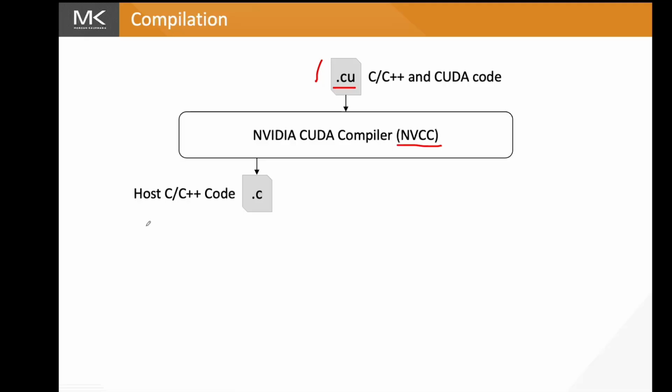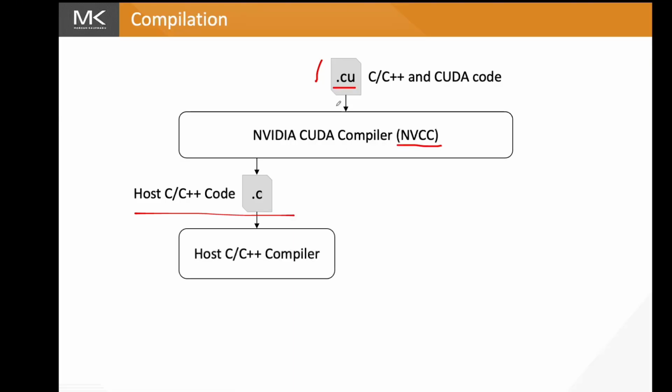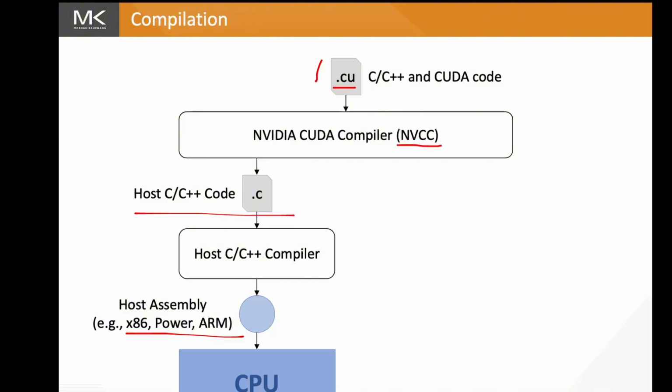It sends the normal C code within this CUDA code to a host compiler like GCC, and like a normal compiler, the C part of the code is compiled to assembly language for the architecture that you have, and then it runs on the CPU. So the compilation path for the C part of your CUDA program is normal, as you had before.